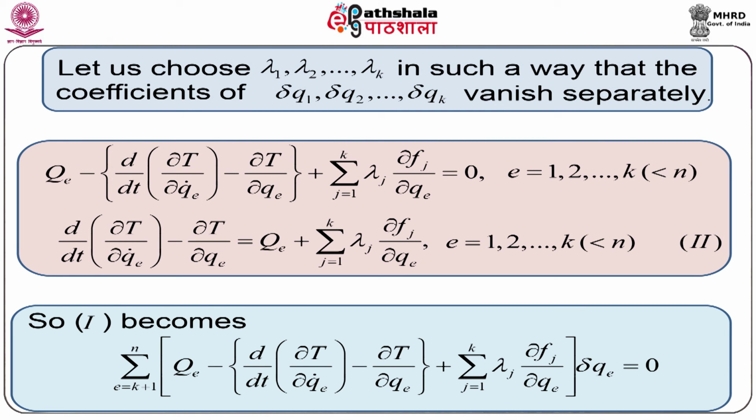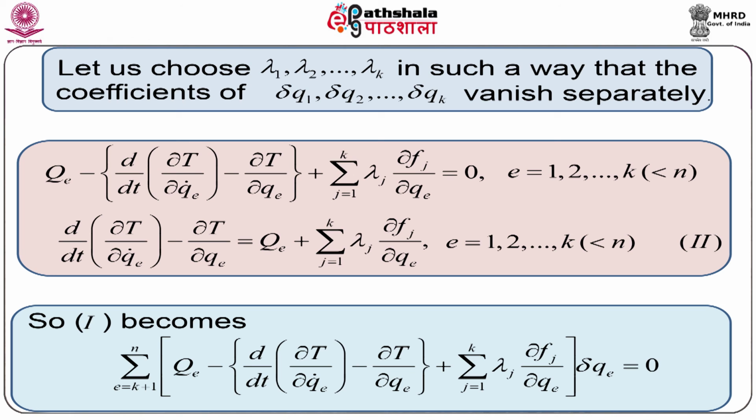Let us choose lambda 1, lambda 2 up to lambda k in such a way that the coefficients of delta q1, delta q2 up to delta qk vanish separately. Then we can write Qe minus d/dt of del T by del qe dot minus del T by del qe plus summation over j lambda j first order partial derivative of fj with respect to qe equal to 0.